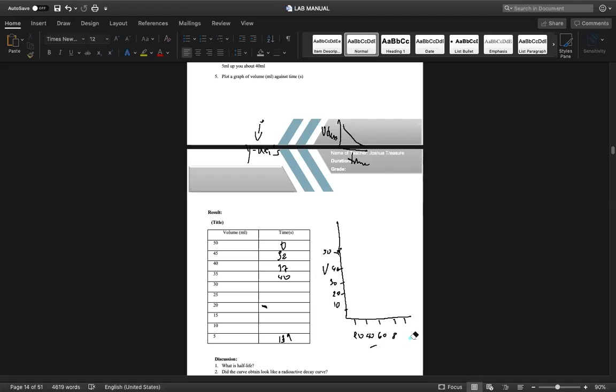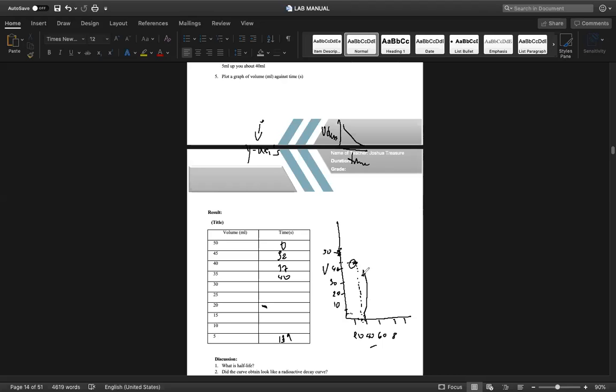I know not enough space is here, but essentially your first value would be 30. Then the next reading, 37, will be here, and then 40 going up.